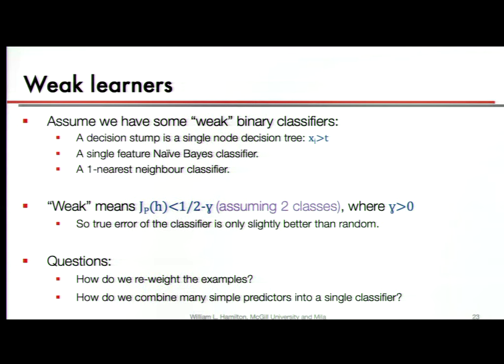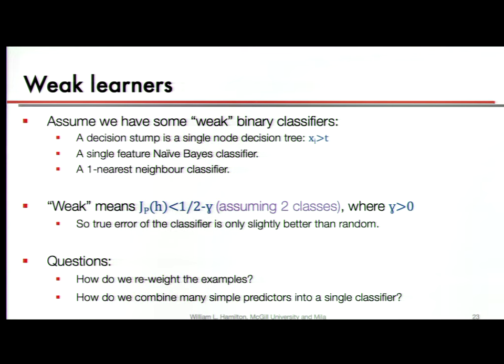So we're just saying, is the radius of the tumor greater than 1.6? If yes, then it's going to recur. No, then it's not going to recur. So it's a very, very simple model, maybe a naive Bayes model with just one feature, a one nearest neighbor. These are very, very simple models, and generally what we mean by weak is that these models have pretty close to 50% accuracy, or 0.5 accuracy.